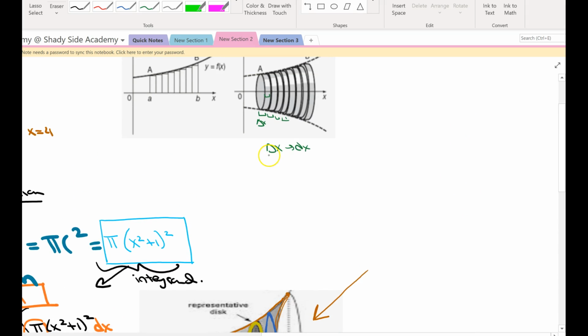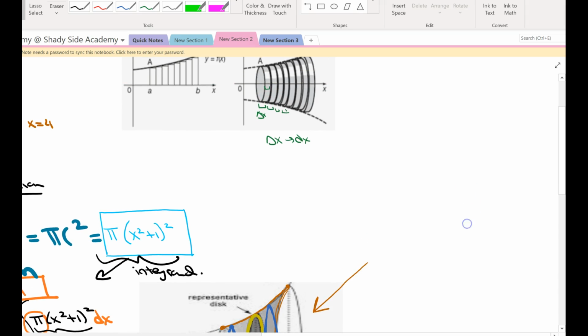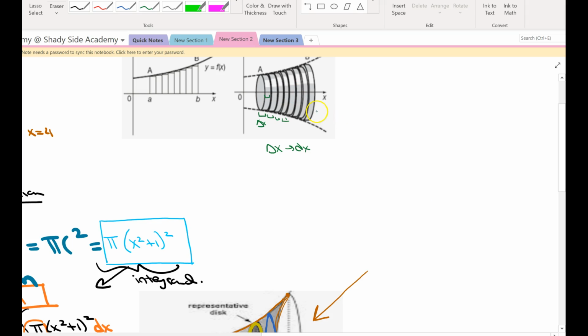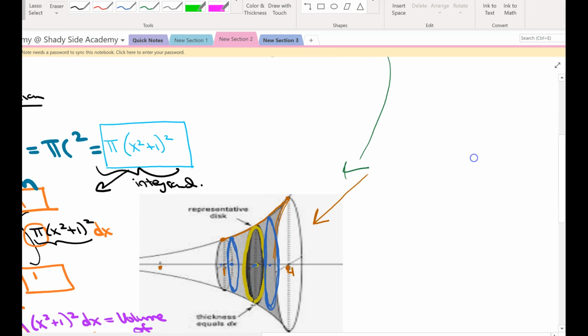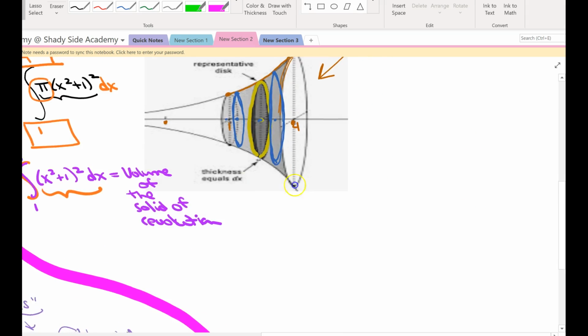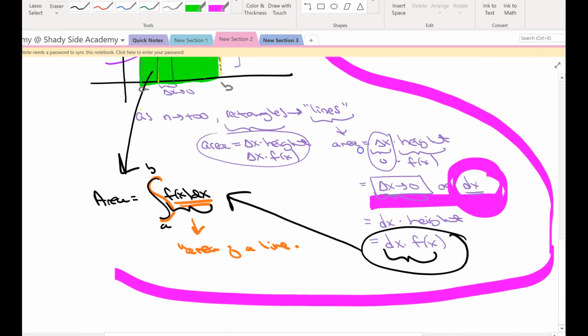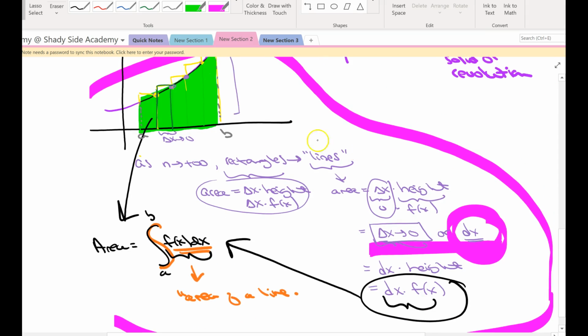This creates a situation where delta x approaches dx, and your cross section, now this is going to be a little bit deep, loses a dimension. Each interval of a cylinder, the cross section becomes a circle. Back to Riemann sums, each of these rectangular cross sections becomes a line.